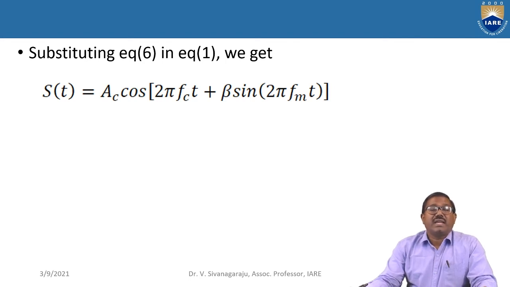Why I say S of t is equal to Ac cos of theta of t: you got theta of t from equation 6, now you can substitute, and you get this equation S of t.